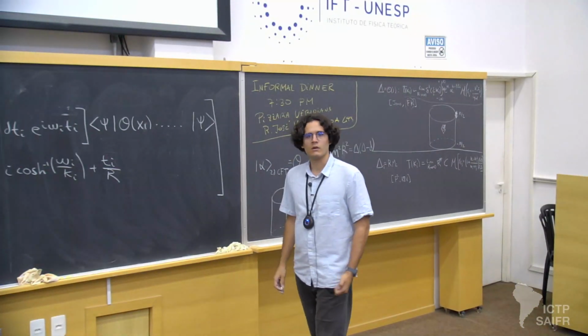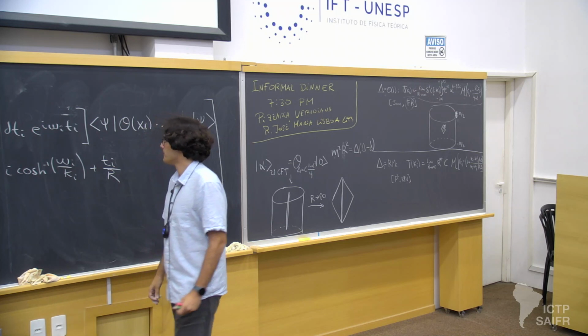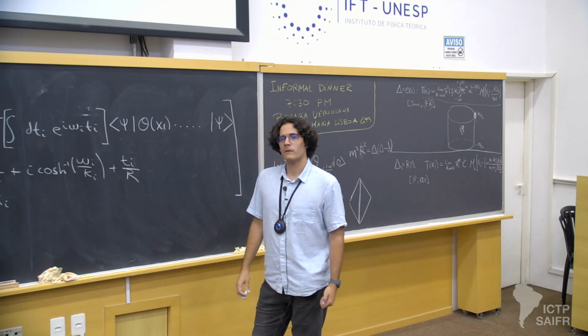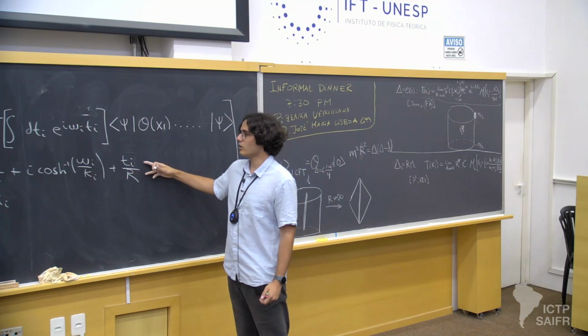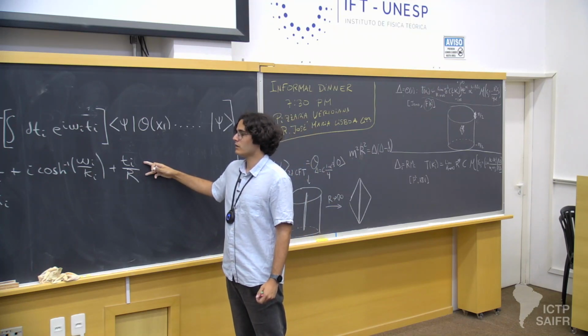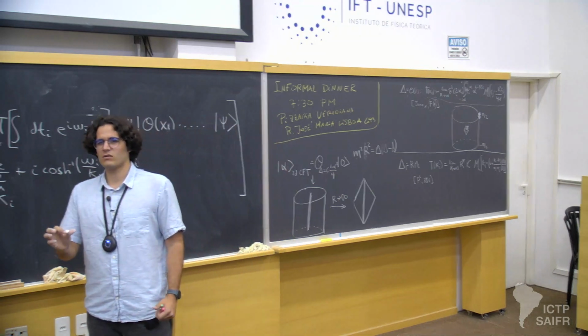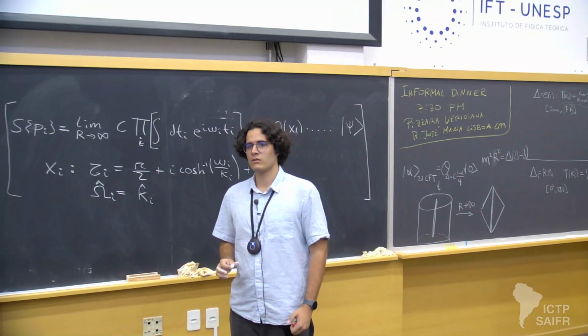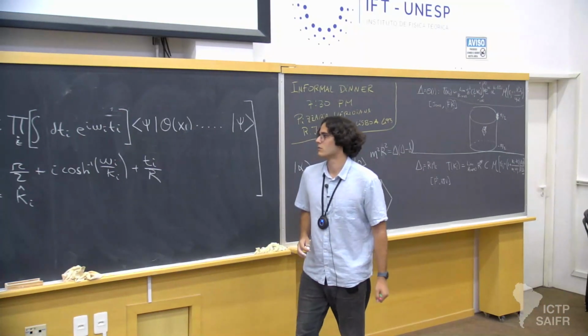But I'm still confused by this dt integral. Let's take the case when all particles are massive. Then I guess you're saying that this dt_i integral just localizes. Yeah, you have this integral dt_i, right? You're not actually taking it from minus infinity to infinity. You're taking it over some small region, which means that probably in some R to infinity limit, you can just take the value at the point.